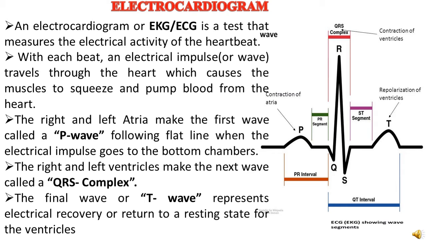Here we can also see two intervals, that is the PR interval and the QT interval. So this diagram basically explains what happens when a heartbeat occurs, the electrical activity that occurs during each heartbeat.